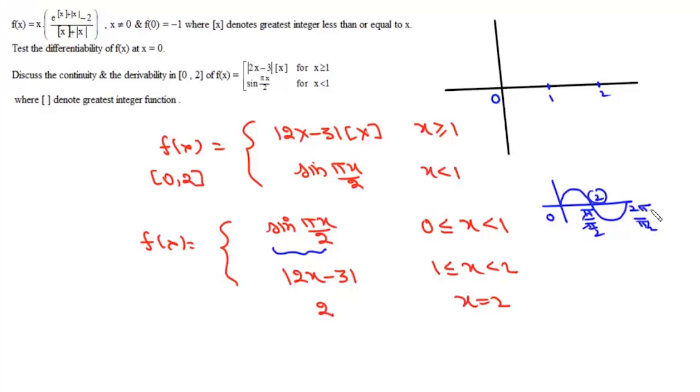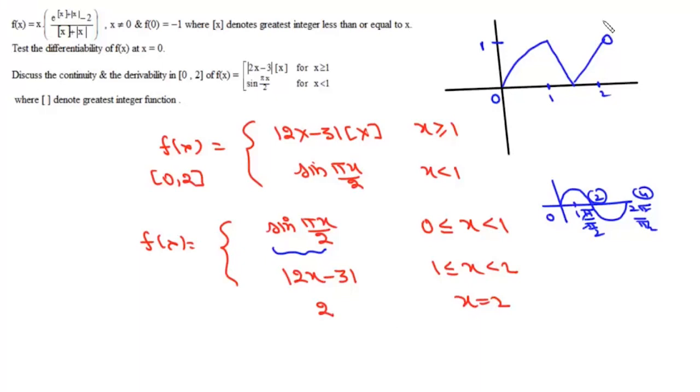This point is 2, this is 4, and here it is 1. So from 0 to 1 will be this graph. Now when x is 1, this mod of 2x minus 3 will be 1. At 3 by 2 will be 0, and at 2 will again be 1.